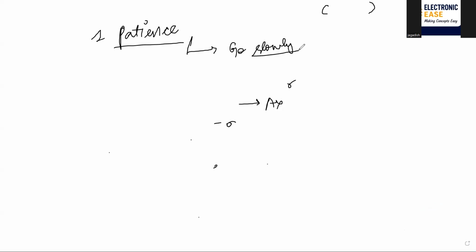If you want to excel in module 1 and module 2, you need patience. The first important thing you need in your examination is patience, and you have to go slowly, because if you miss any one step, you will make a blunder.